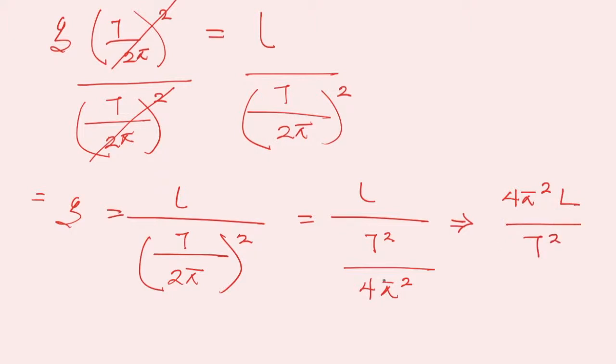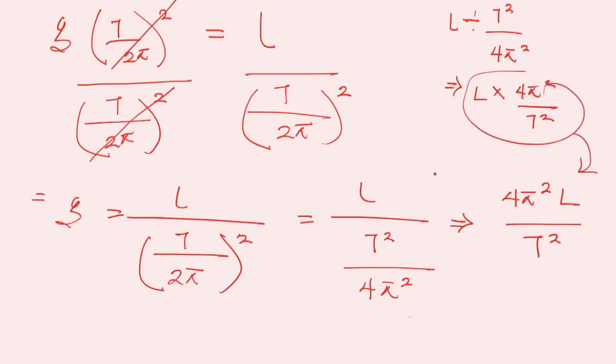All we've done is brought 4 pi squared to the level of numerator here, because if you're not conversant with it, L divided by t squared over 4 pi squared is the same as saying L multiplied by 4 pi squared over t squared. So this is what you have here. So ultimately, G equals 4 pi squared L over t squared. And that's our final answer.